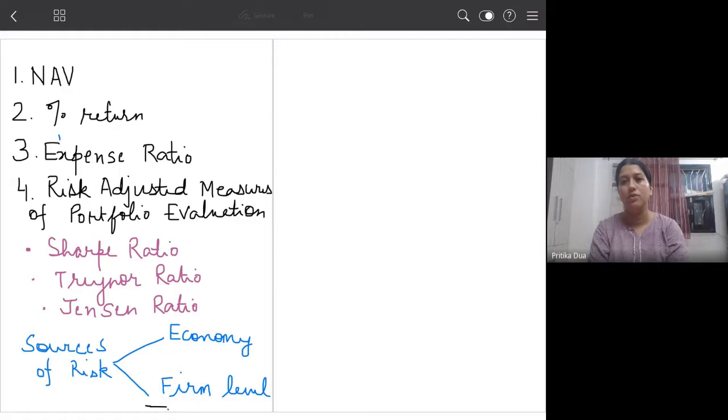Okay, so yes, the economic policies of the government. So if there's change in the tax rate or the government becomes more open to FDI or something like that. So these kind of policy changes will impact each and every firm in the market.